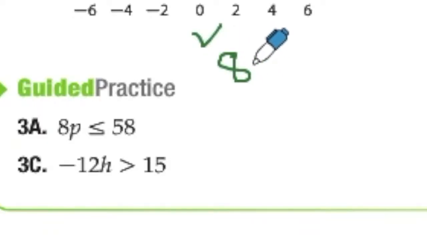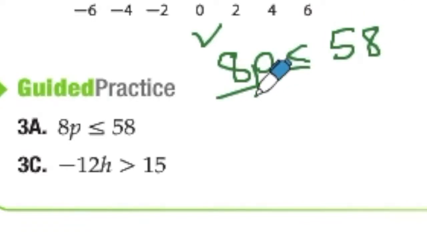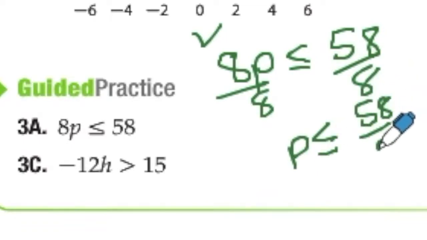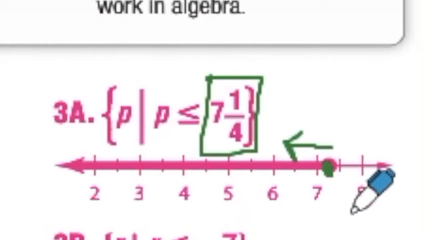In 3A, we have 8p is less than or equal to 58. When we divide both sides by 8, we're left with p is less than or equal to 58/8, and that does reduce to 7 1/4 as a mixed number. Notice that that's a closed circle at 7 1/4, and it's less than or equal to, so our arrow is going to the left.